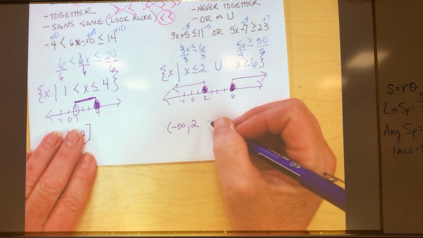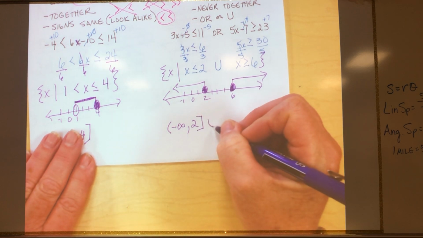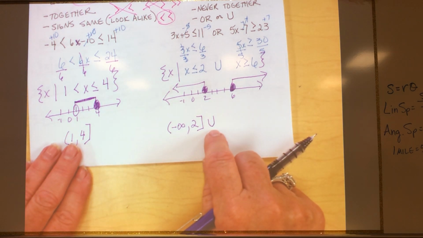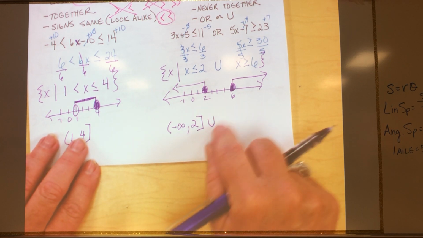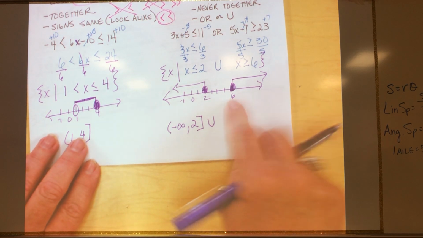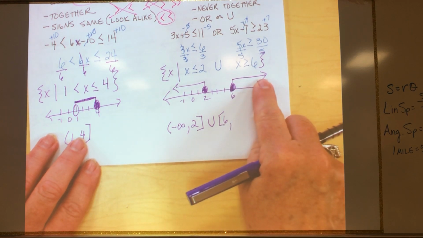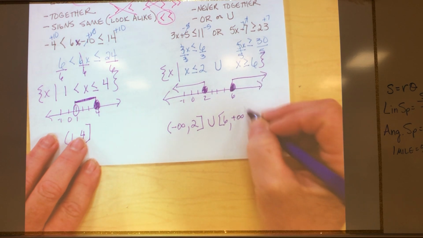He's included. And then you have to use a U here, but don't put a stem on it. It doesn't have a stem, okay? It's just a U. And then it goes from what? 6 included all the way to positive infinity. Never included.